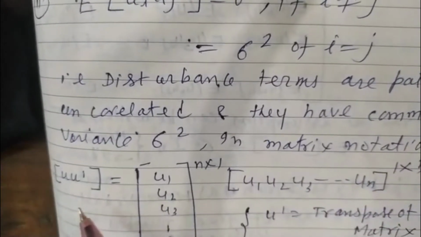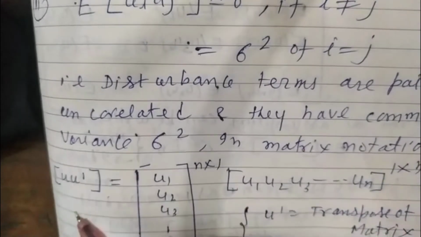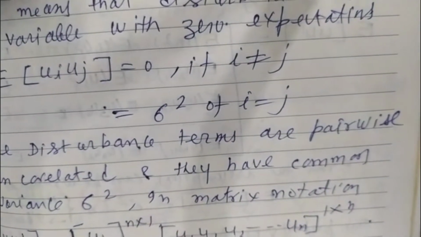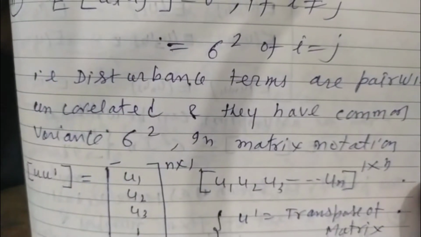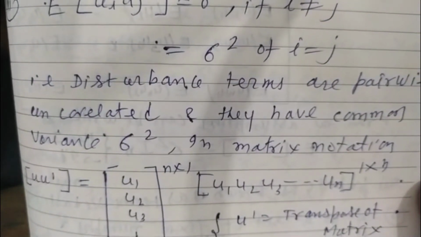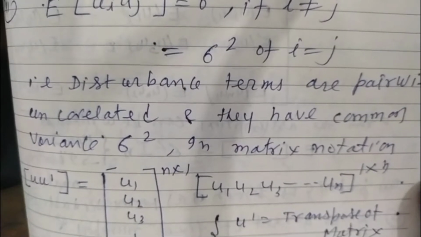If we take u transpose of the error term matrix, this is the error term matrix, and in the transpose it becomes a row matrix from the column matrix. I think you remember that a transpose matrix just interchanges rows into columns and columns into rows.